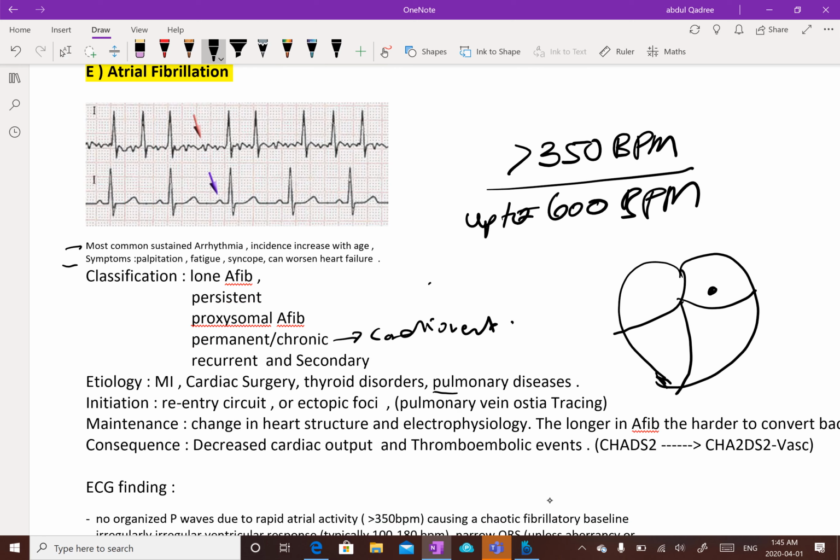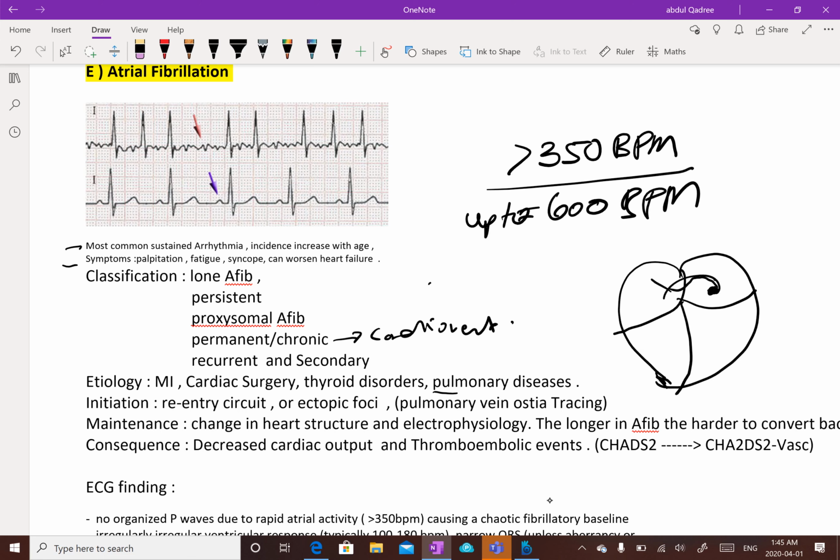An abnormal impulse is generated from this ectopic foci and sent to the atria through an abnormal pathway, and this abnormal pathway generates an impulse that comes back and starts to fire again and again, the same way as in atrial flutter. However, this time it generates many more impulses and leads to atrial fibrillation and an increase in heart rate. So as we said, it's from an ectopic foci or a reentry circuit.